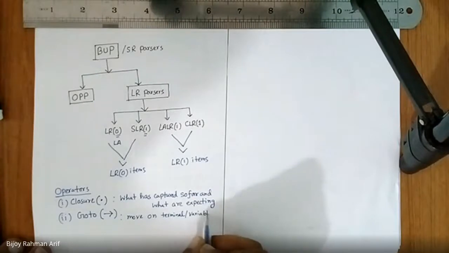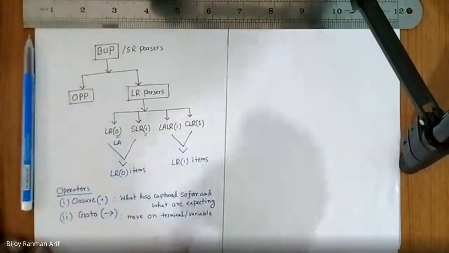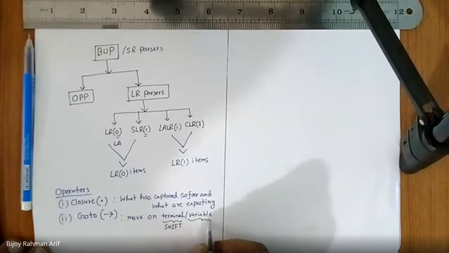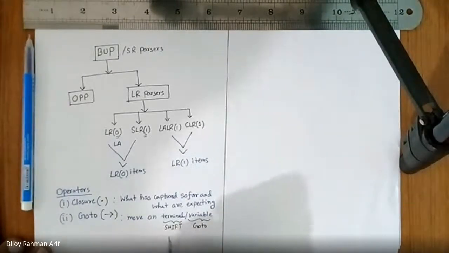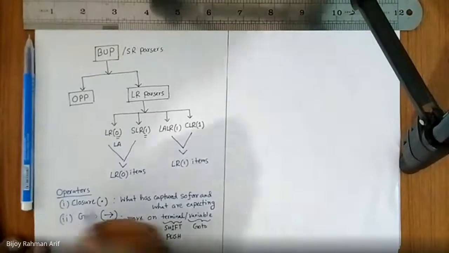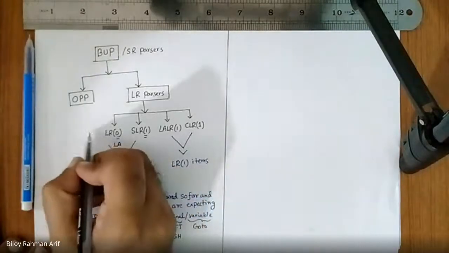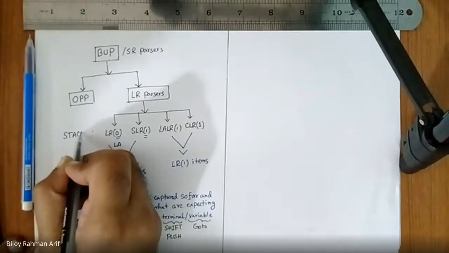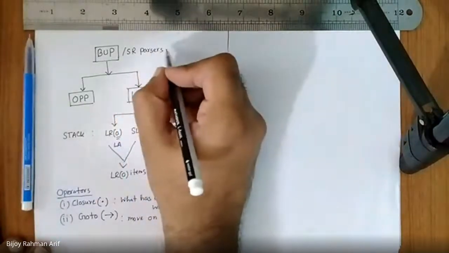We also further discuss move on terminal. We call it shift, and move on variable is generally called goto. And what is shift? Shift is nothing but a push operation. So definitely, all these parsers use a stack.